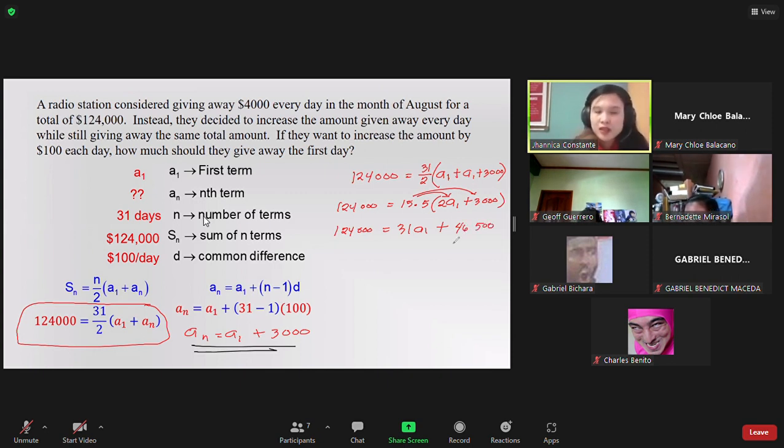Combine similar terms. So 124,000 minus 46,500 equals 31a.